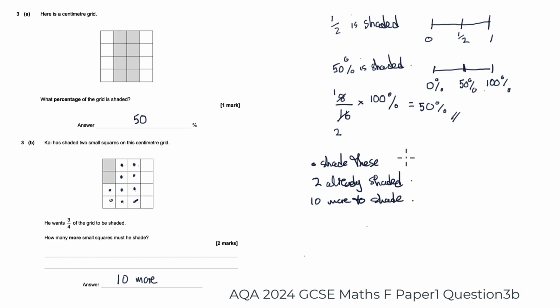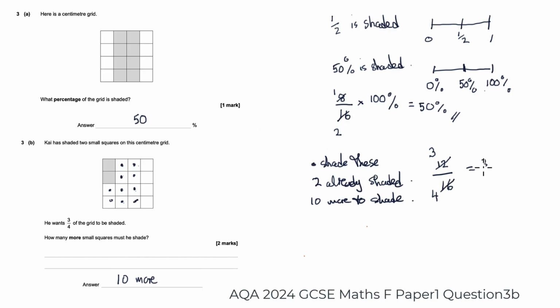Okay, now if you want to check that, if he's got another 10 to shade, he'll then have 12 altogether out of 16 squares in total, and you could divide top and bottom, cancel by 4. 4 3s are 12. 4 4s are 16.